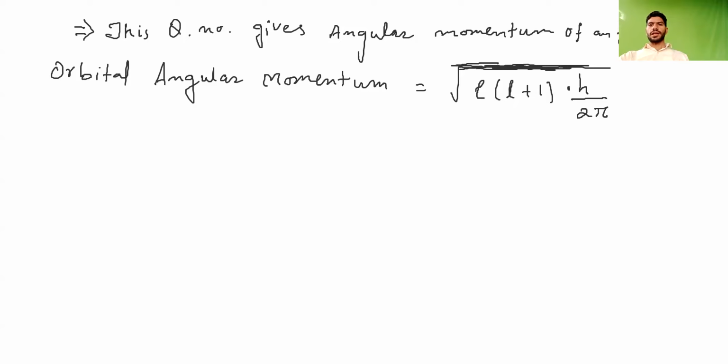Got it? You have to note this down. It is l into (l plus 1), and then into h upon 2 pi, right?